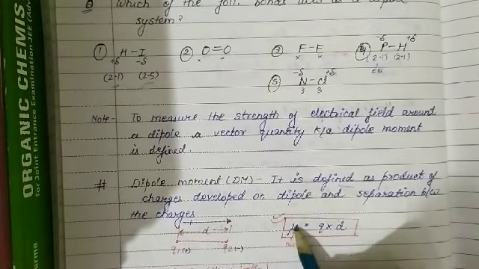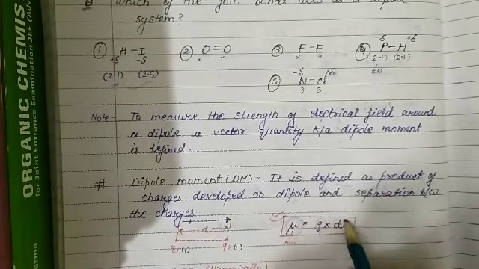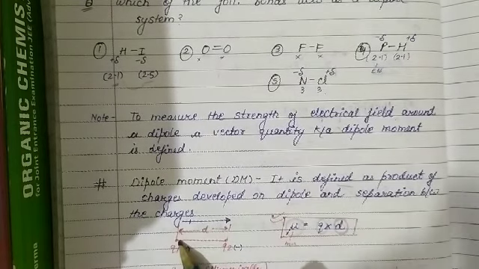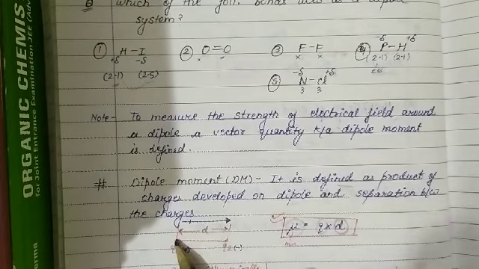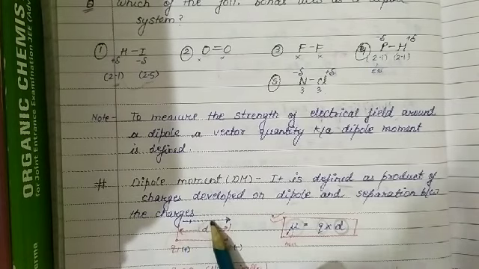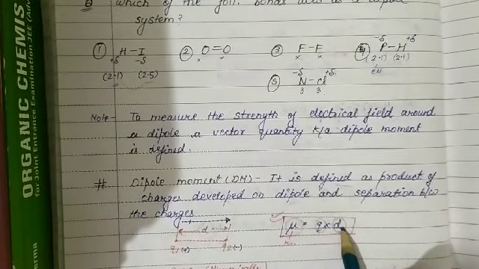So dipole moment is denoted by mu, and it is the product of charge and the distance by which the dipole charges are separated. Basically, the two centers of atoms of different electronegativity are separated by distance d. Then the dipole moment is the product of charge, either charge, and the distance between them.